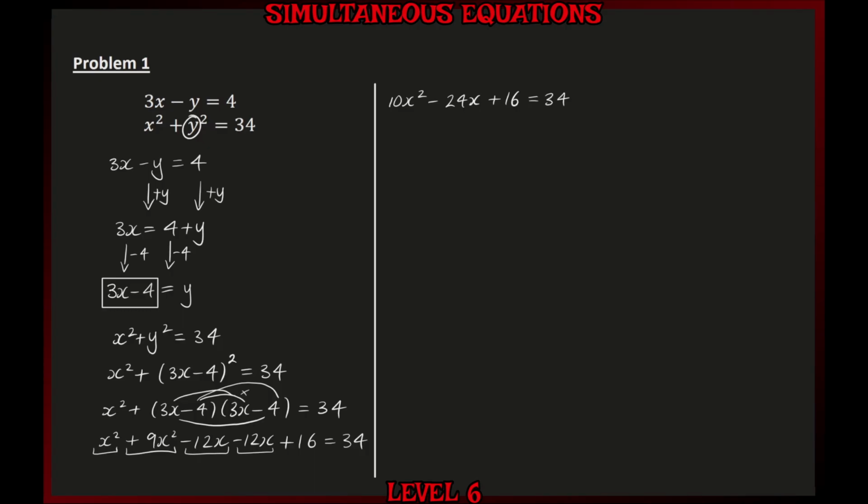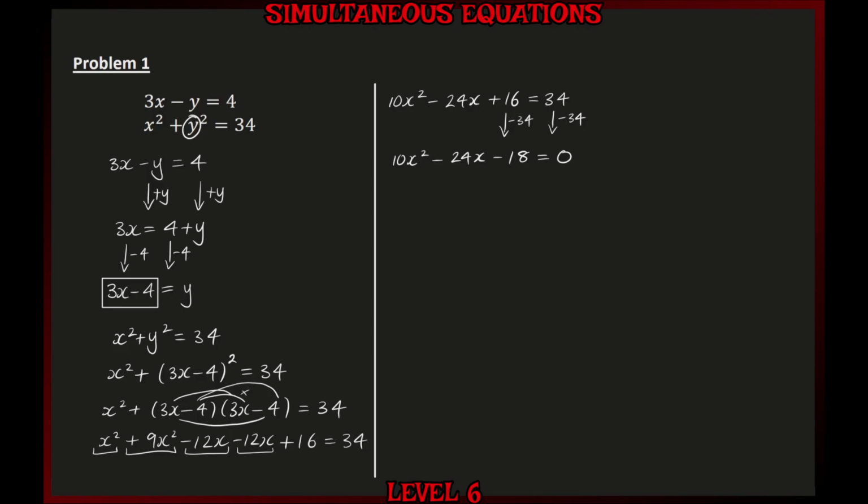Now, since we have a quadratic, what we'd like to do is make one side equal to 0. And we can do this by subtracting 34 from the right and making sure that we do exactly the same on the left. So on the left, we have 10x squared minus 24x, and 16 minus 34 is minus 18. And that's now equal to 0 because 34 minus 34 is 0.